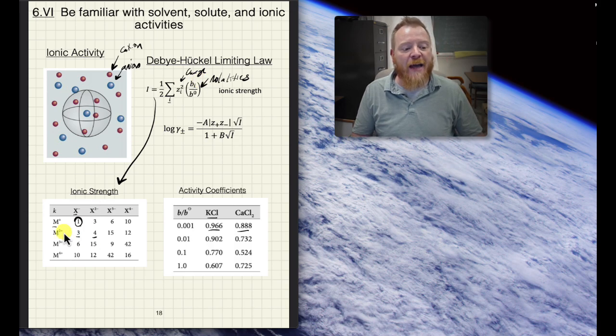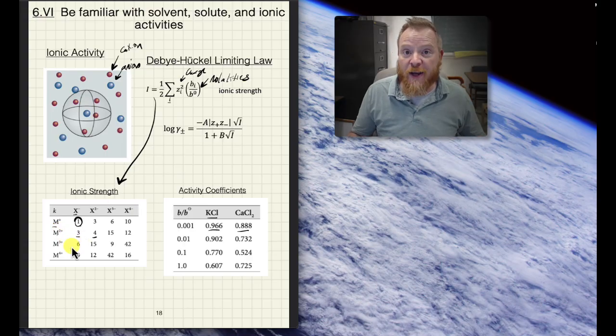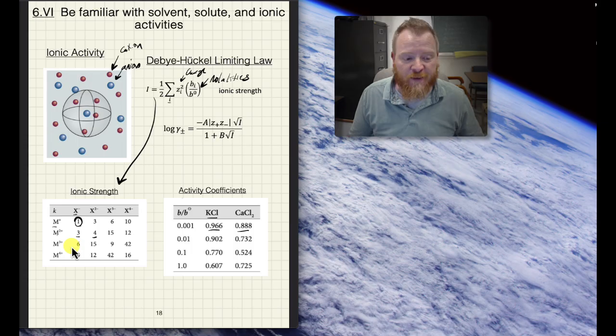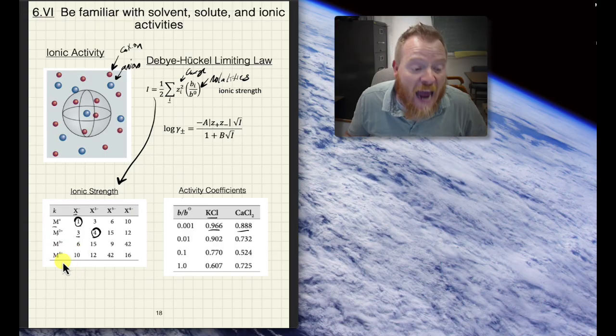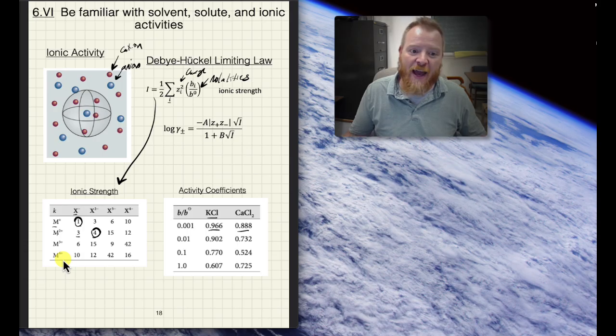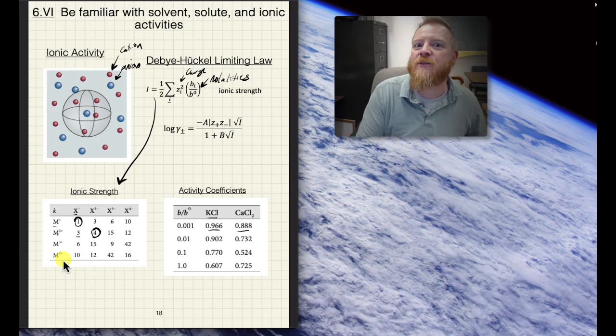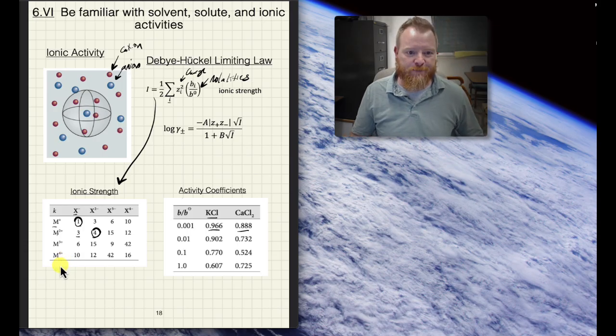But now, as we get to higher charges, the ionic strength becomes significantly different than the concentration. So for example, if you have a 2-to-2, the ionic strength is now 4 times the concentration, which means the non-ideality is going to be 4 times as worse, 4 times more into the non-ideal regime.